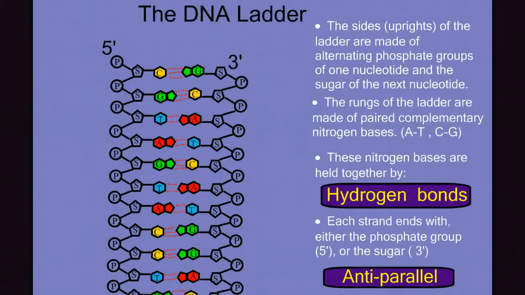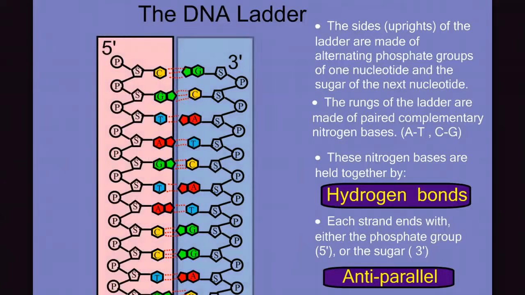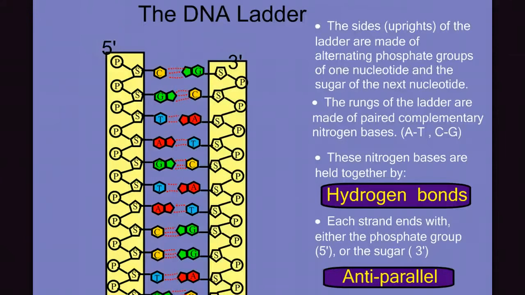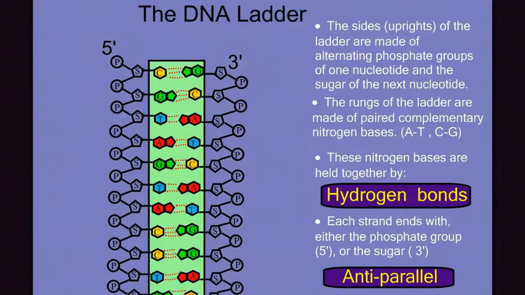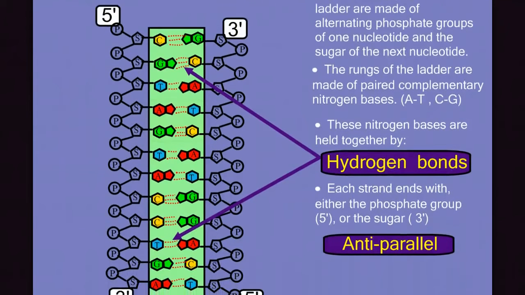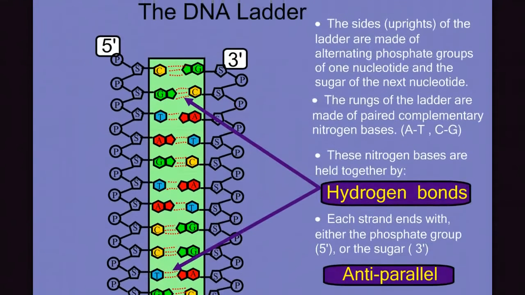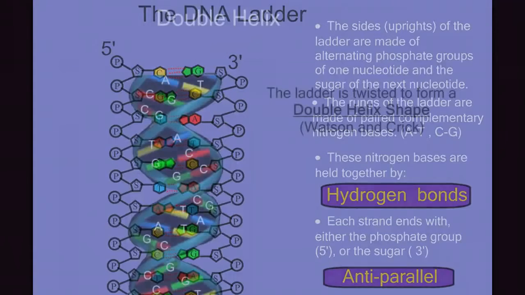These nucleotides are arranged in a double strand resembling a ladder, where the sides or the uprights of the ladder are made of alternating phosphates and sugars, while the rungs of the ladder are made of pairs of complementary nitrogen bases, adenine with thymine, cytosine with guanine, held together by hydrogen bonds. The two strands run anti-parallel to each other with 5' and 3' ends opposite each other. And the entire molecule is twisted on itself in a shape called a double helix.